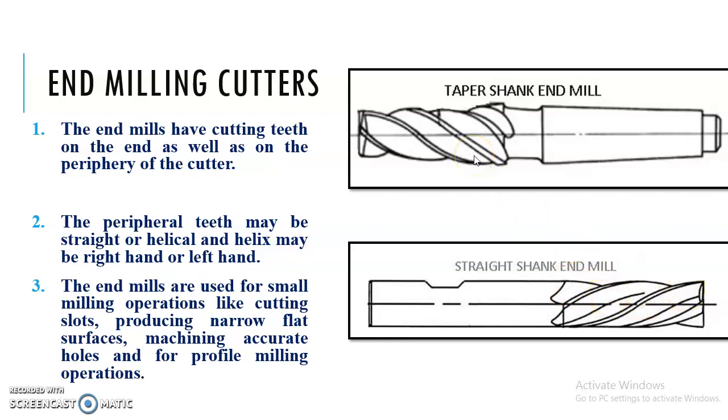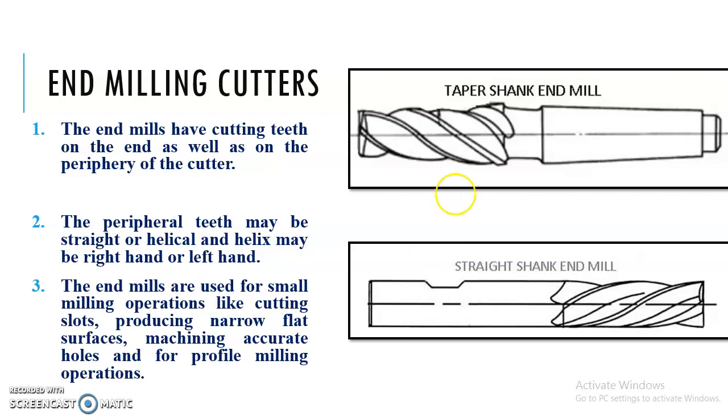These cutting edges are basically useful to mill slots, produce narrow flat surfaces, machine accurate holes, or for profile milling operations. For such applications, these end mills are useful. End mill cutters are basically useful for producing slots at corner surfaces and producing holes at corner places.